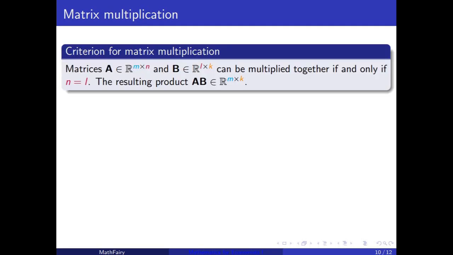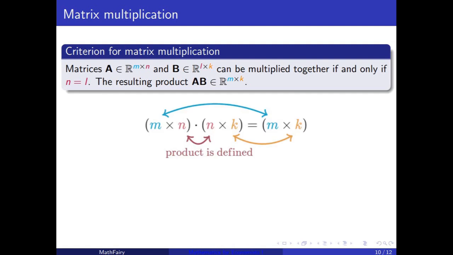So just to reiterate, we multiply the 3 by 4 matrix together with a 4 by 5 matrix, and we got out a 3 by 5 matrix as a result. So this is the criterion for matrix multiplication. These middle dimensions must agree, and the resulting product will have these outer dimensions.